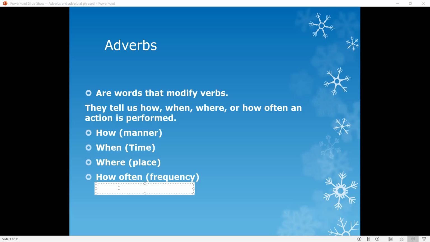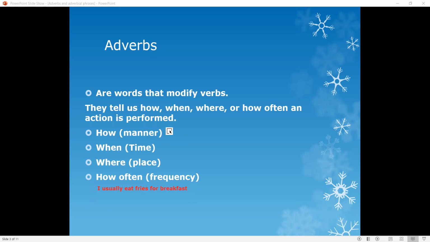Example, again, I usually eat fries, which is unhealthy, for breakfast. I don't say I eat usually fries for breakfast. You can put usually at the very end of the sentence, it's okay, but not after the verb.